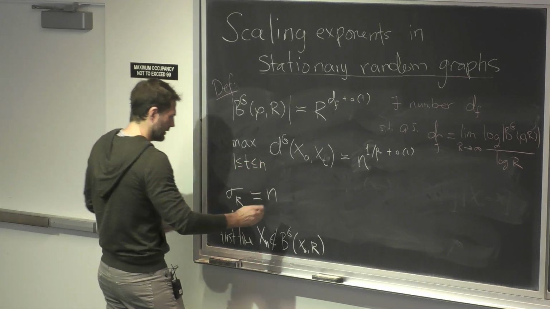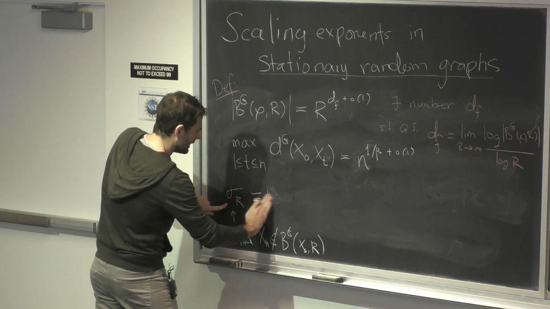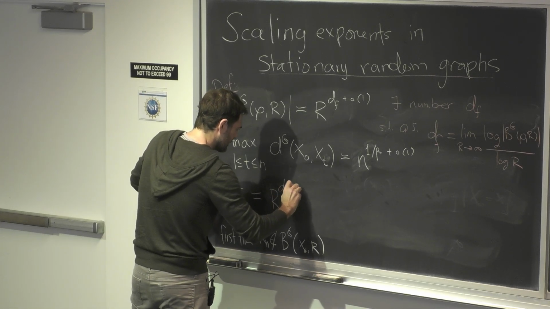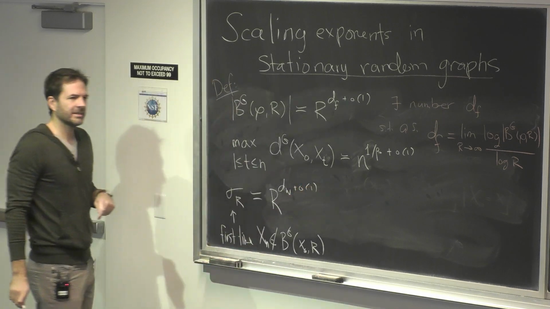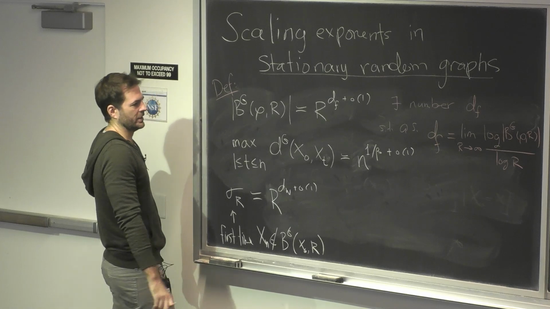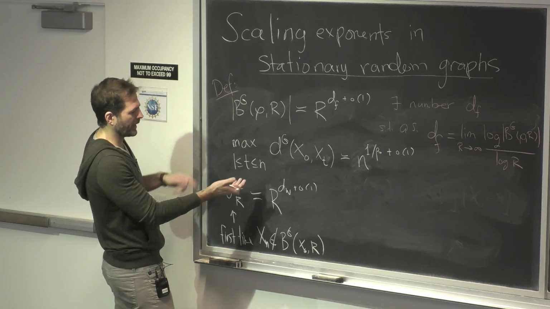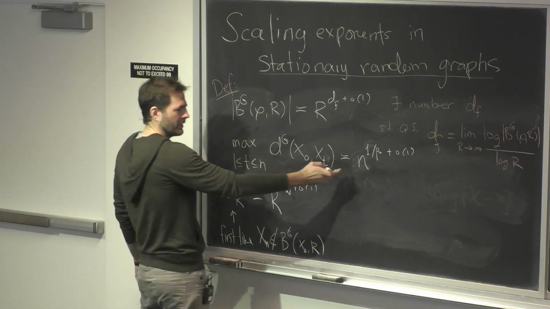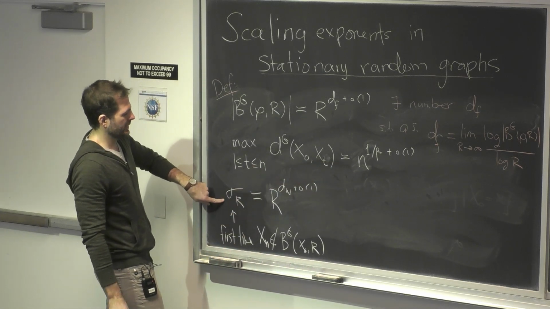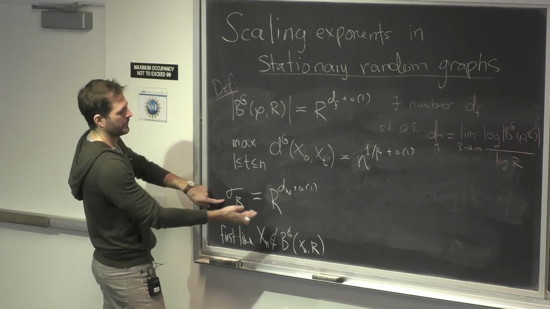So great. And then you could define this similarly. There are these two exponents which, if things are regular enough, you expect them to be equal. This is your displacement, your maximum displacement after n steps. This is the first time at which you escape the R ball.